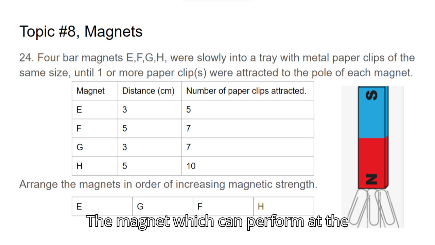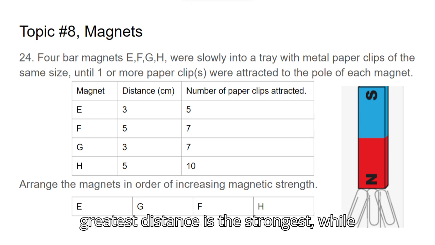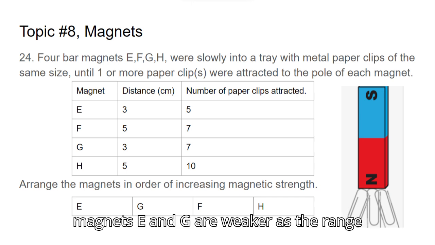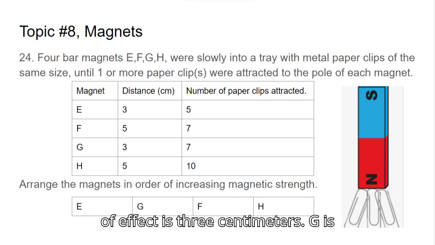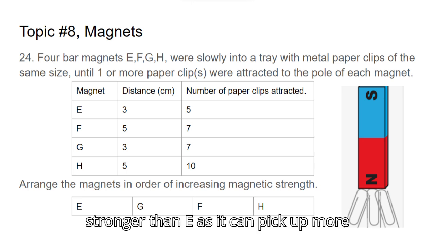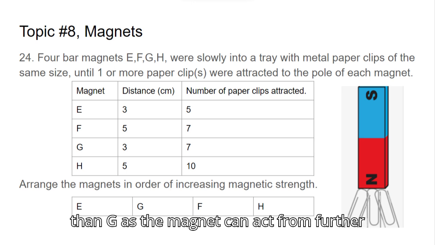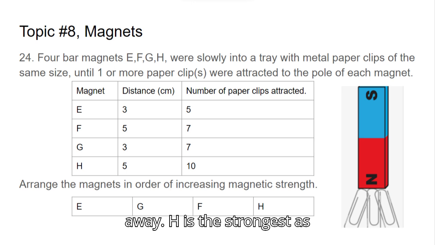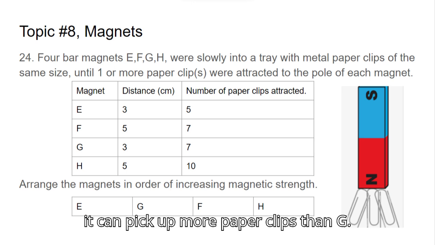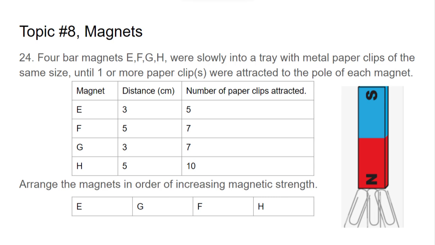The magnet which can perform at the greatest distance is the strongest, while magnets E and G are weaker as the range of effect is 3 cm. G is stronger than E as it can pick up more paper clips. F is stronger than G as the magnet can act from further away. H is the strongest as it can pick up more paper clips than G.